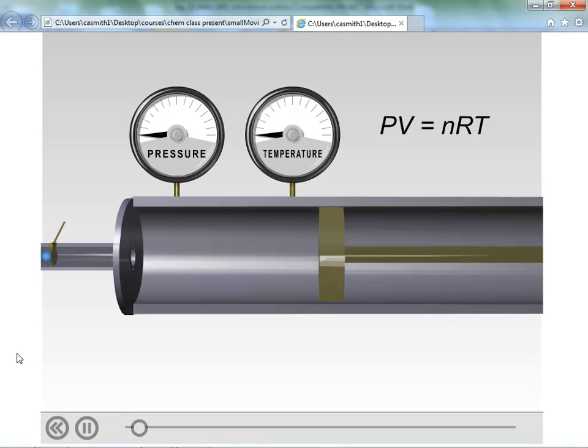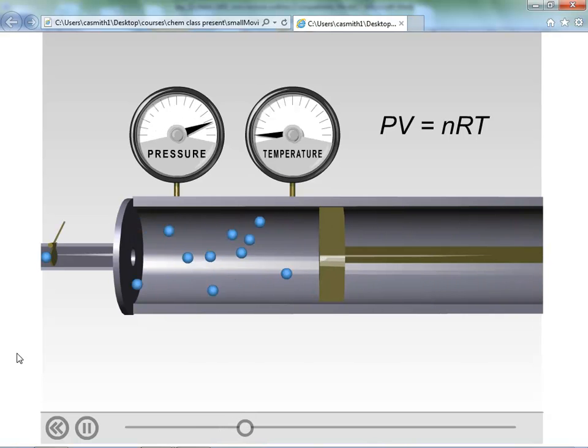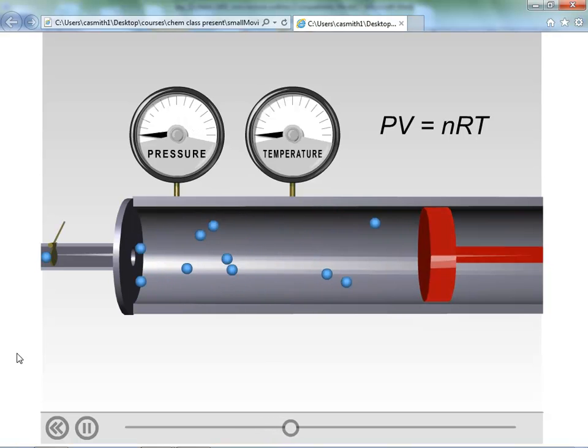The ideal gas law relationship between pressure, temperature, volume, and number of atoms can be demonstrated using a piston. As the volume of the cylinder decreases under constant temperature and number of atoms, the pressure increases due to the increased rate of collisions against the wall of the cylinder. We now lock the piston to create a constant volume and number of atoms.